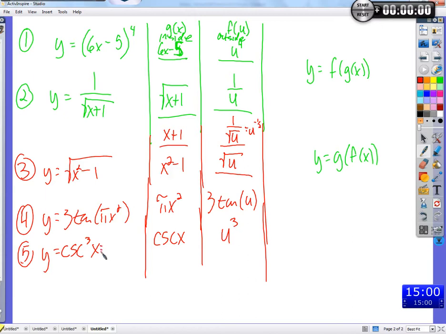Remember, when we say trig function cubed of x, it means take the value of the cosecant of x and cube it. A lot of times one function is contained by another, either by parentheses most often, or a square root, or maybe an absolute value.